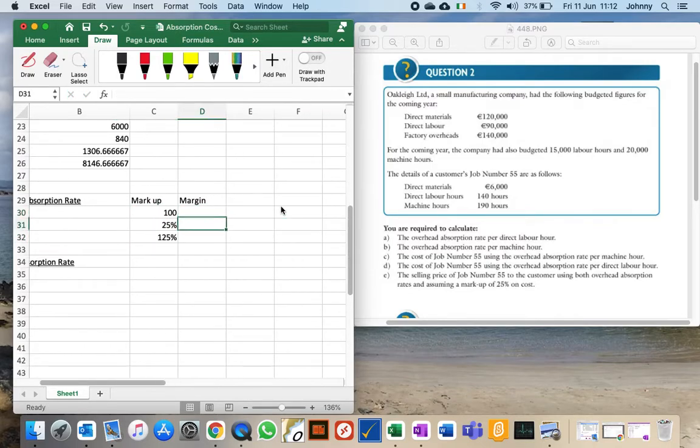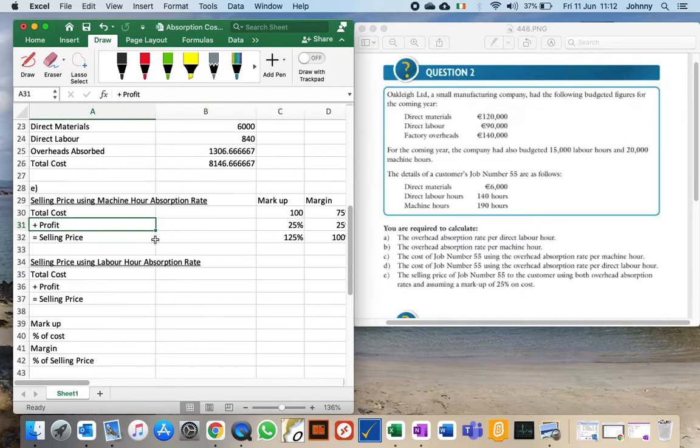If we do it according to margin, the profit is still 25%, but it's 25% of selling price, so selling price is 100%. That means the cost must have been 75%. In this case we're looking at markup, not margin, but I want to explain the difference to you.